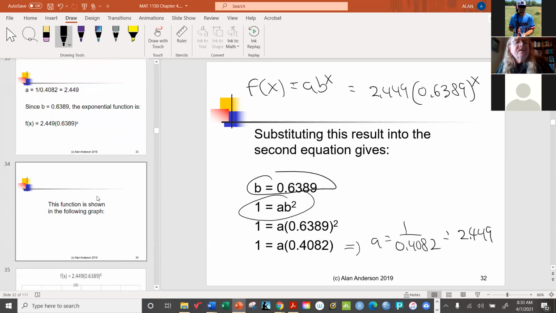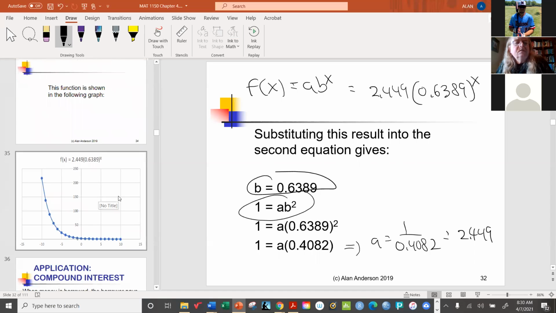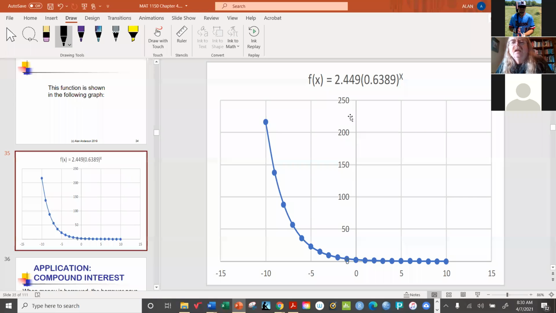And while we're at it, we may as well go, oh, here it is. We don't need to go to Symbolab because it's already right here. And again, since a is positive, you can see the range is equal to all positive real numbers. The domain, of course, is all real numbers.